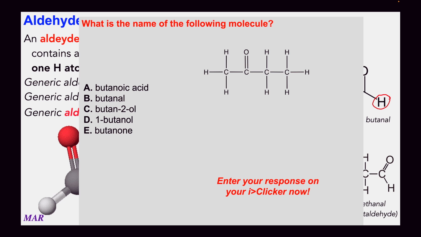And to make that decision, the carbonyl does not have a hydrogen next to it. That carbonyl has a CH3, a carbon on the left, and a CH2, CH3, another carbon to the right. So if there's carbons on both sides of the carbonyl, it's a ketone, and a 4-carbon ketone would be called butanone.